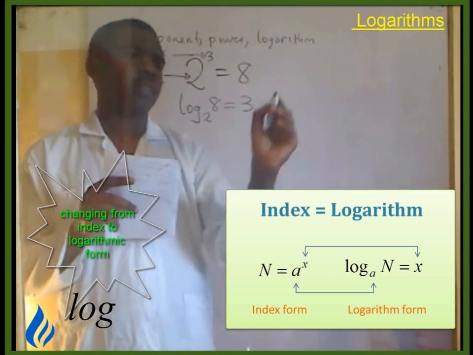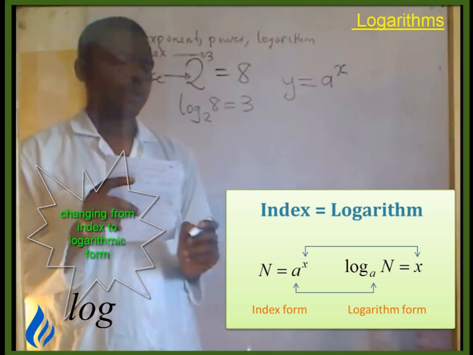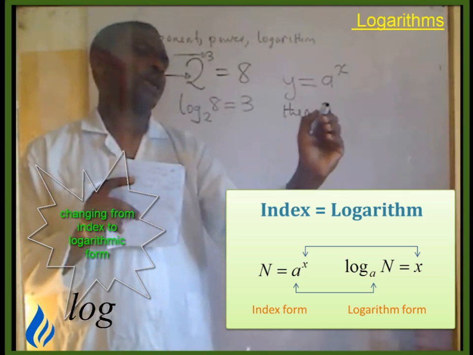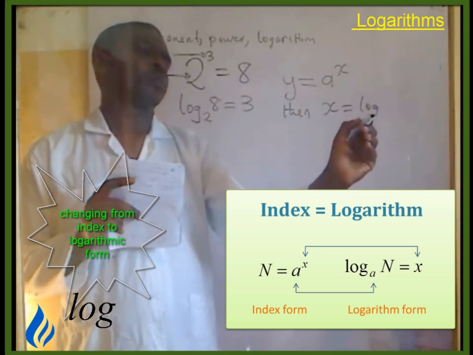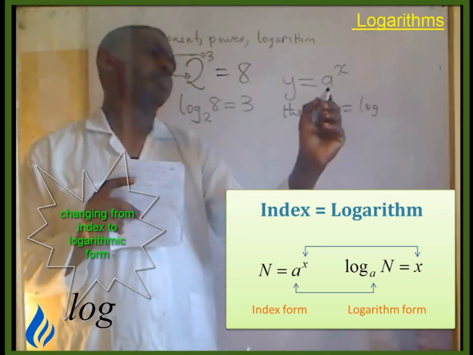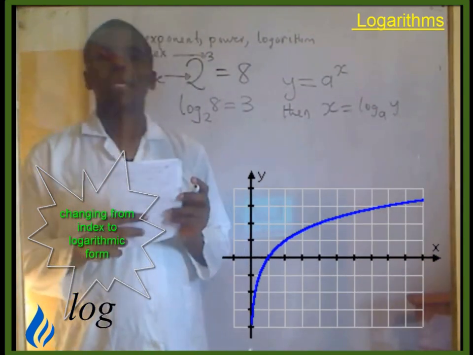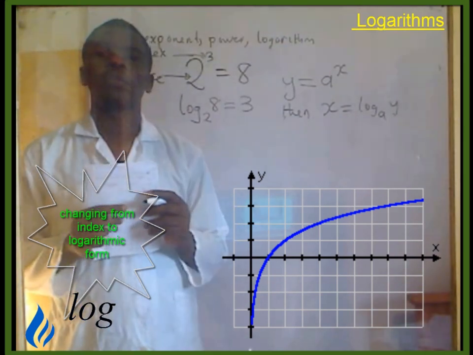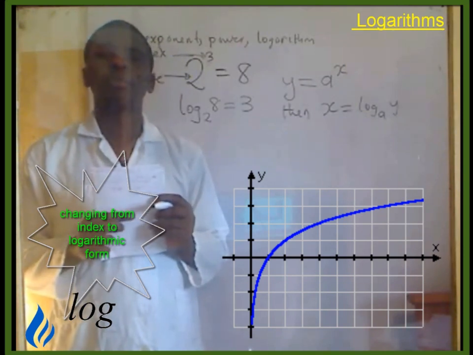In general, if y is equal to a to the x, then x is the logarithm to the base a of y. The logarithm of negative numbers does not exist, and the logarithm of 0 is not defined for real numbers.